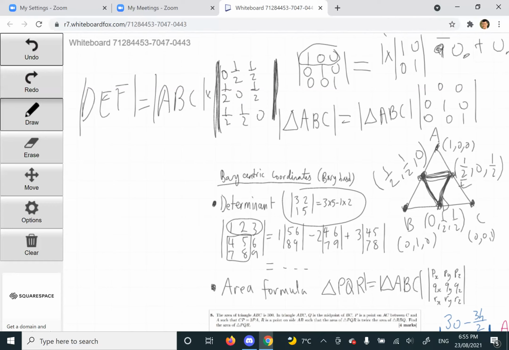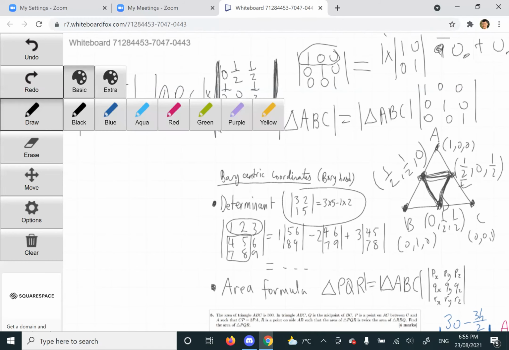So from our geometry knowledge, I think we expect this to be a quarter, because the triangles are similar, but all lengths are halved. So we expect this determinant to be a quarter.